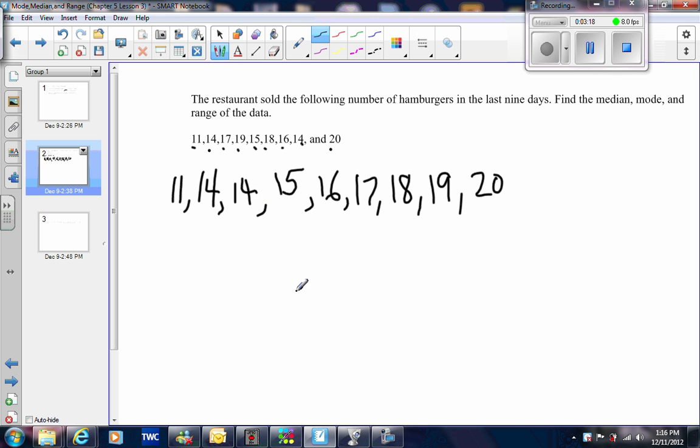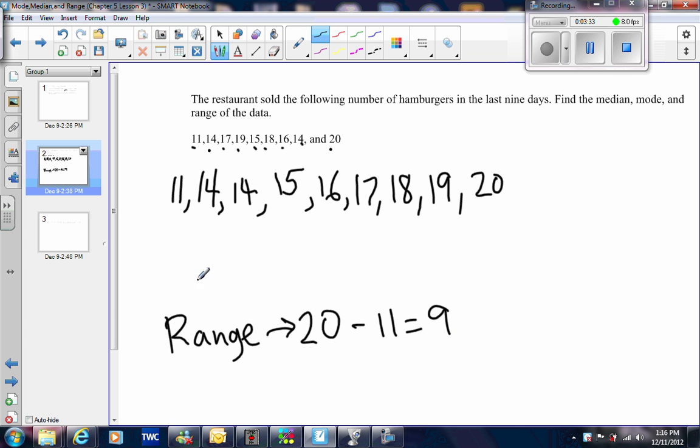So you can see the range. These data are in order from least to greatest. So 20 minus 11 equals 9. So that's my range, 9. The median again is the middle one.